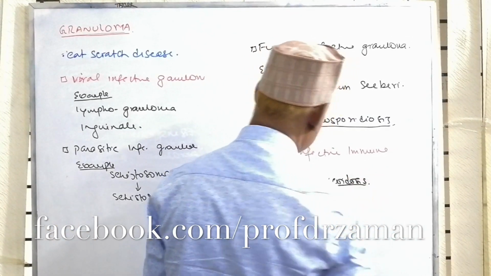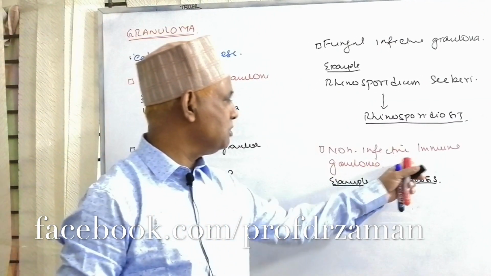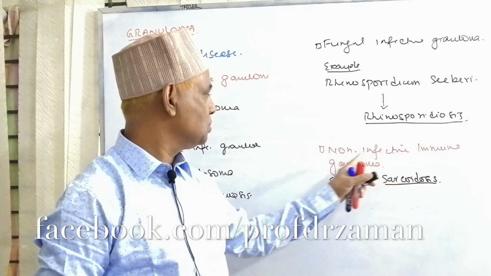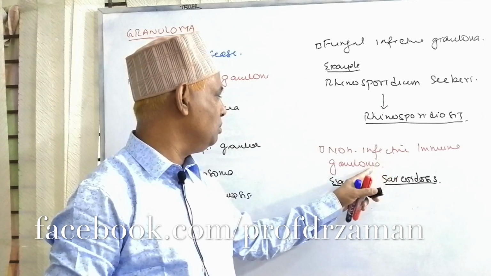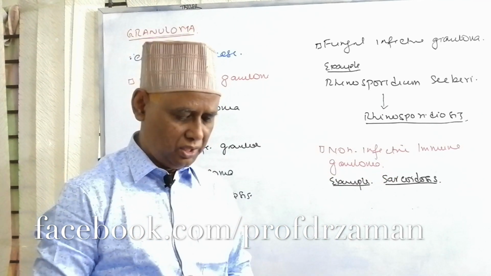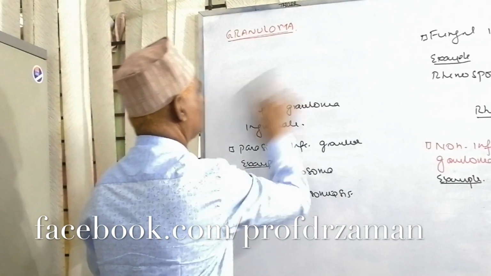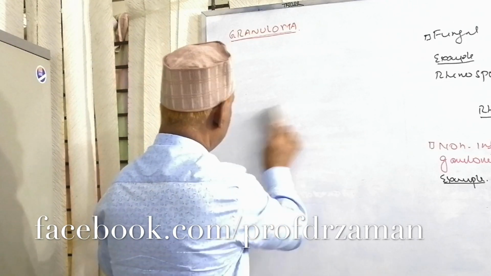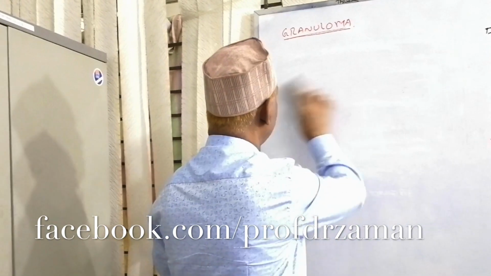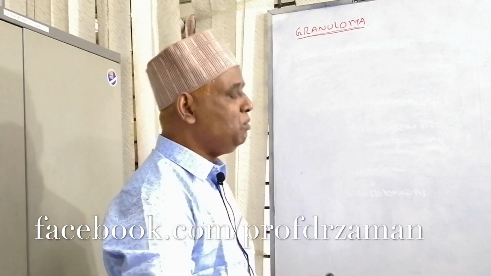Dear audience, you know sarcoidosis is an immunological disease, that is, the immune system is involved. It is not caused by any infective agent, so this is called non-infective immune granuloma. It is also called granuloma of unknown etiology. This is all about the infective and non-infective immune granuloma, and this is all about the immune granuloma.